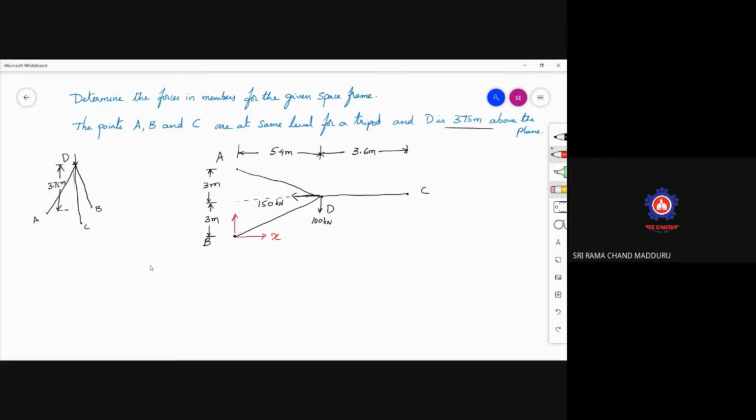This is my Y axis. And perpendicular height is there. This will be considered my Z axis. Now if this is considered as origin, here it is 0, 0, 0.